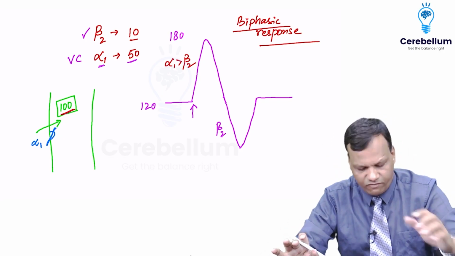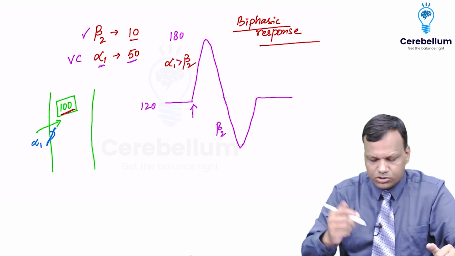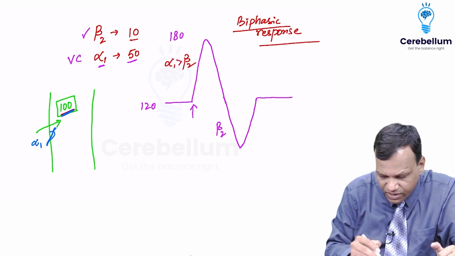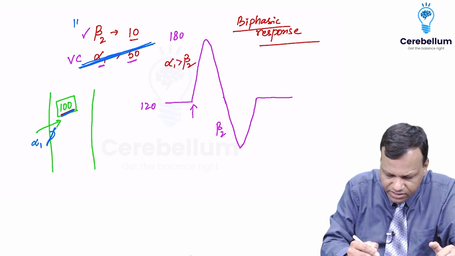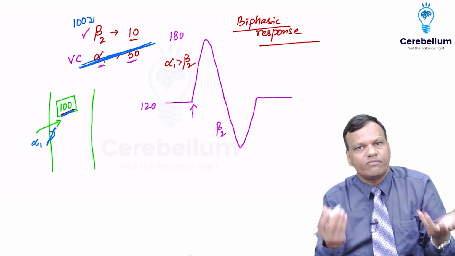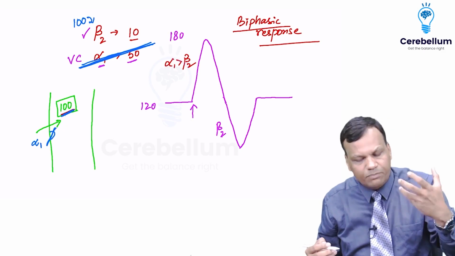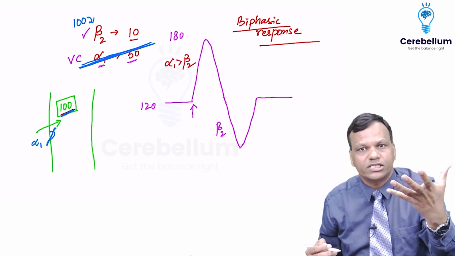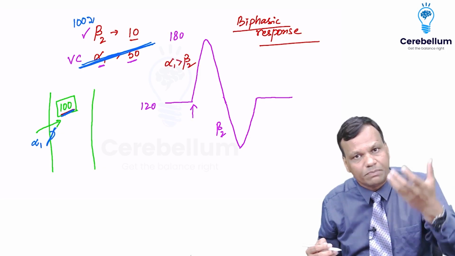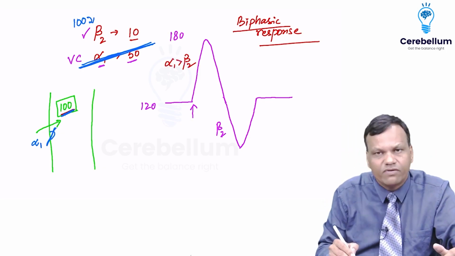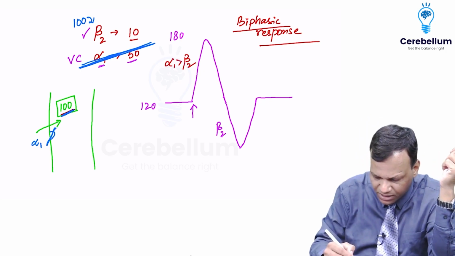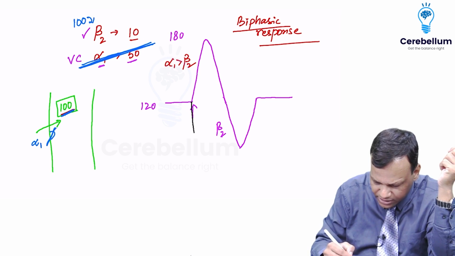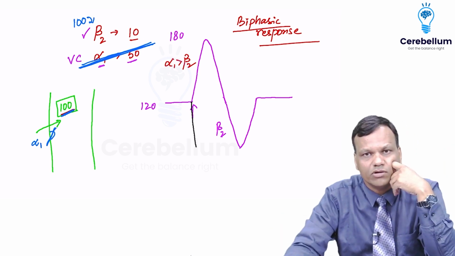Remember, we have given 100 molecules, but we have already blocked alpha. So all 100 will stimulate beta 2 only. They cannot act on alpha because that is already blocked. And when beta 2 is stimulated, vasodilation occurs, and BP decreases. So if we give adrenaline after an alpha blocker, BP, instead of increasing, will directly start decreasing.